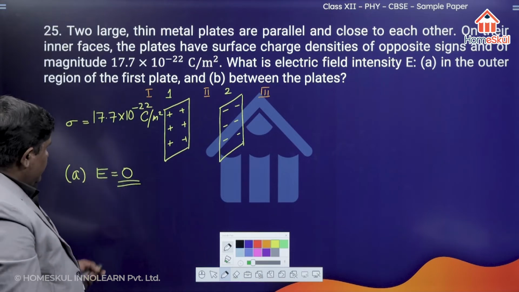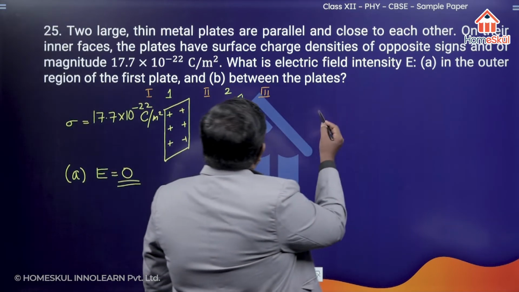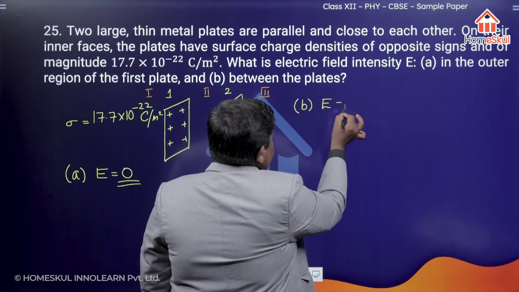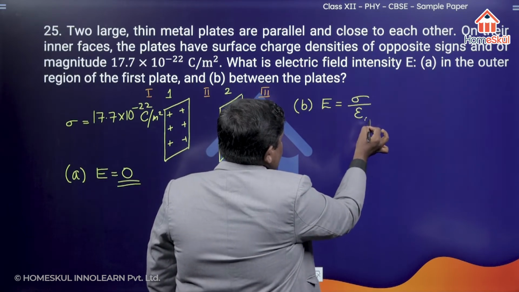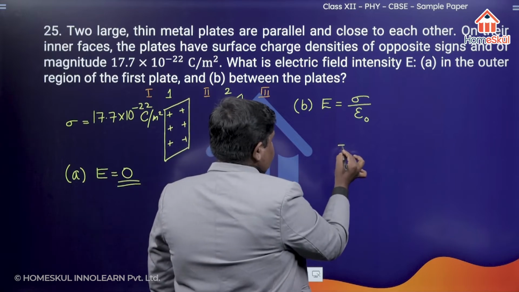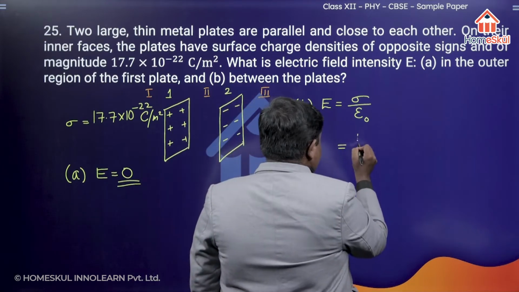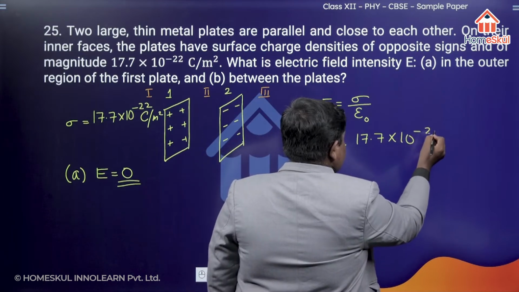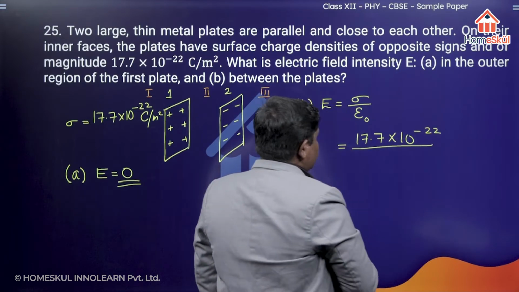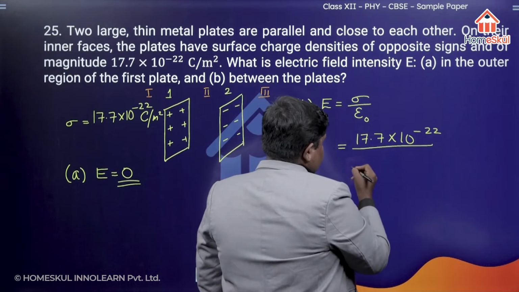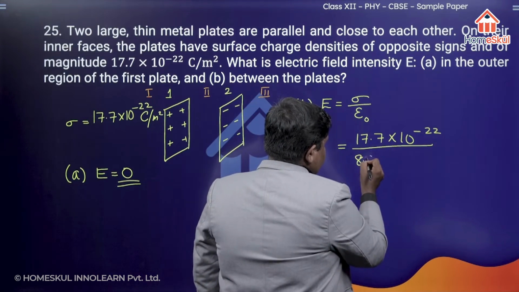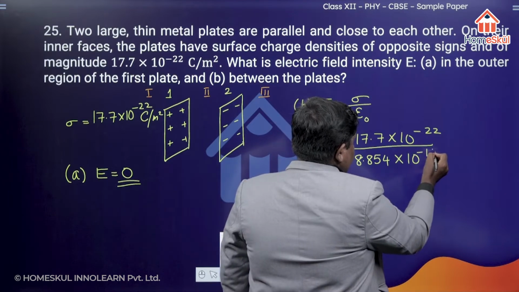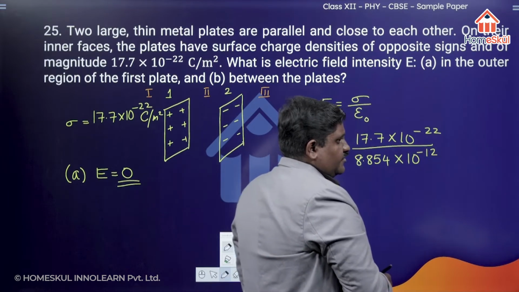Next, the electric field between the plates is given by E equal to sigma by epsilon 0. Sigma is 17.7 into 10 raised to minus 22, divided by epsilon 0, which is 8.854 into 10 raised to minus 12.